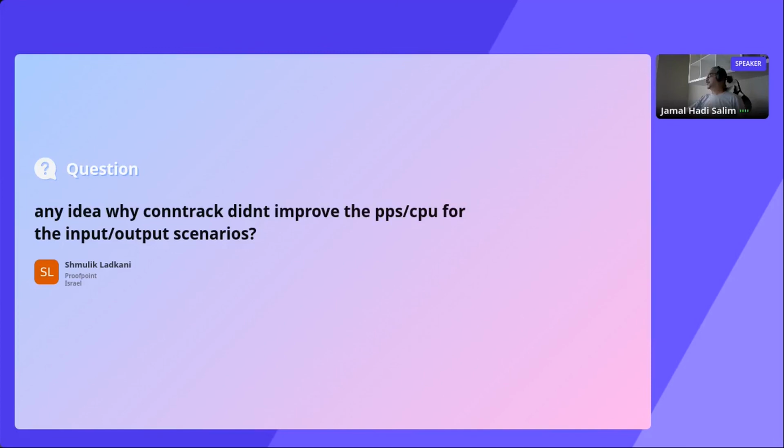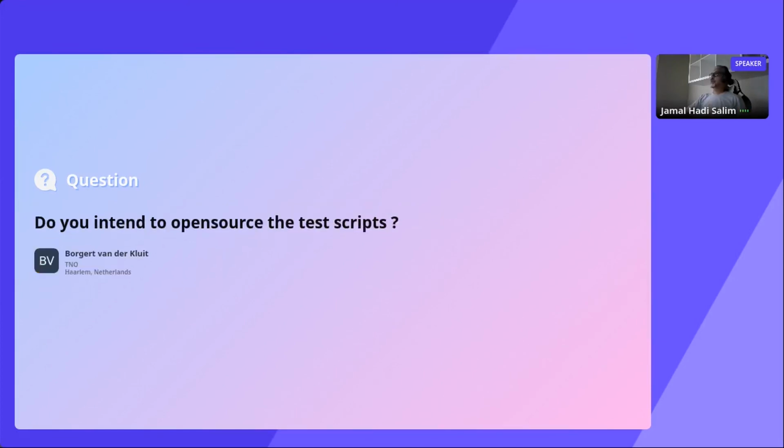Okay. Do you intend to open source? Yes, so we ended up building a lot of infrastructure around this. We're running T-Rex, we could run iPerf, and it's mostly, we'll probably open source. We're not 100% sure on this. But if you want to talk to us privately, we can have a conversation.